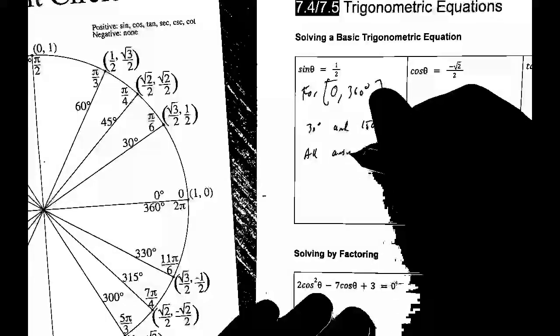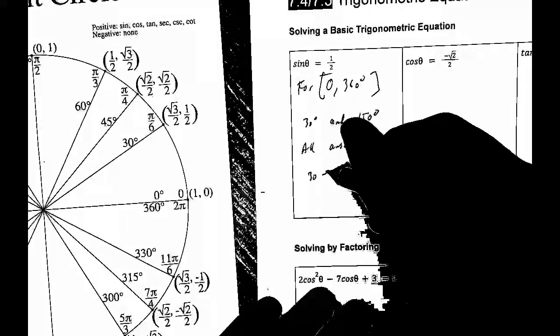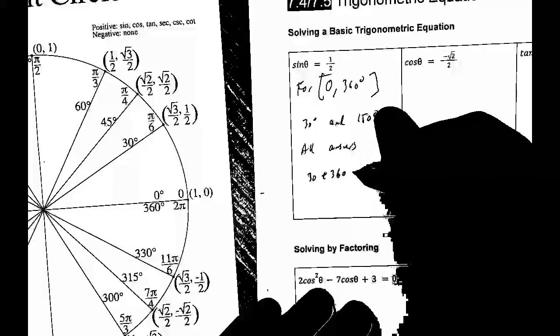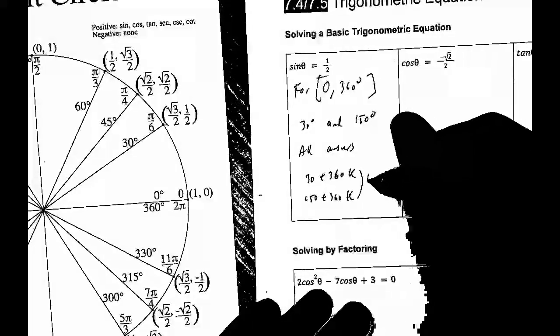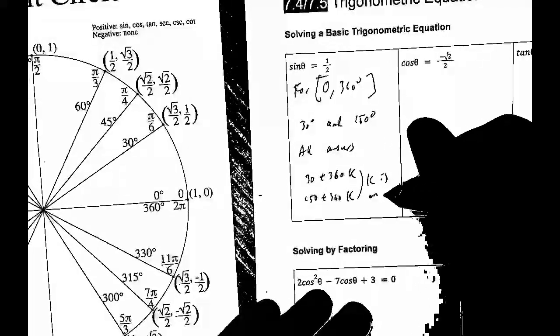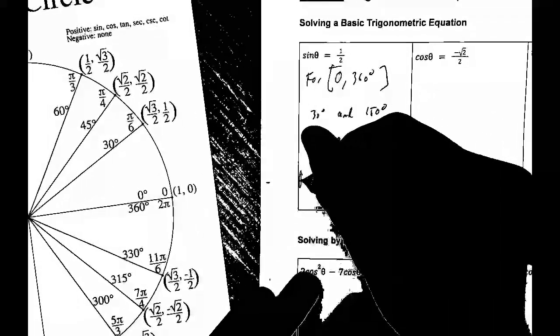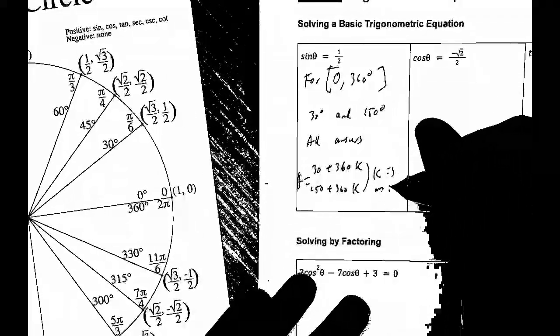If I wanted all answers, you could say 30 plus 360k, or 150 plus 360k, right, where k is an integer. Okay, makes sense. So generally speaking, it'll give you a domain restriction, or if it wants all answers, you just put both and add 360 degrees, or add 2 pi.